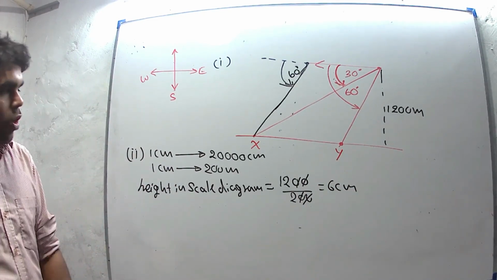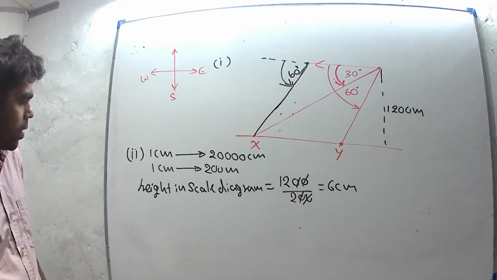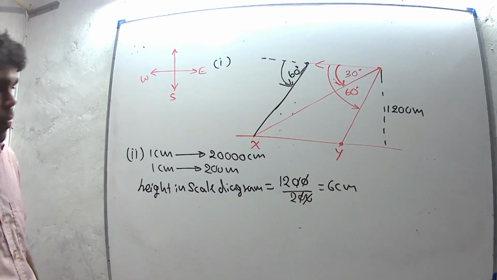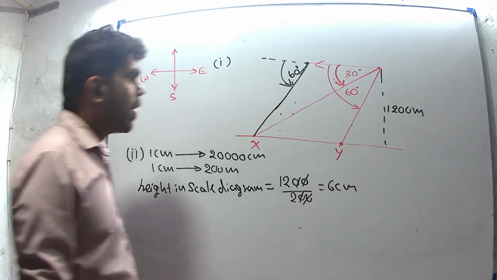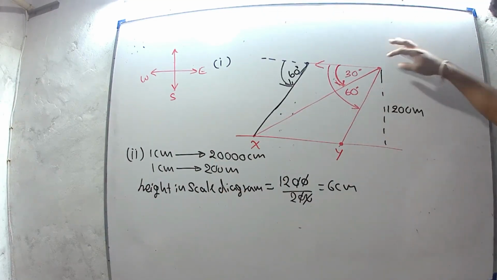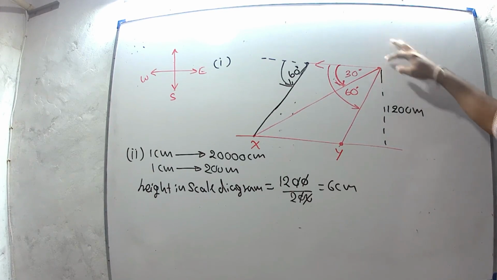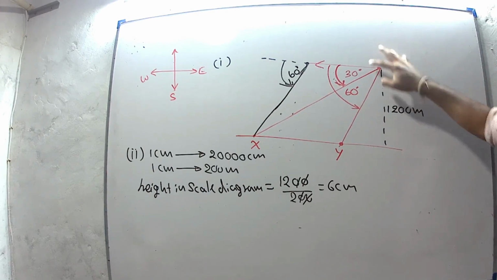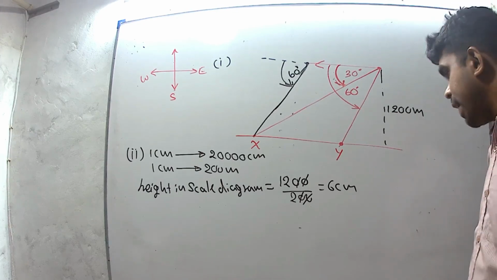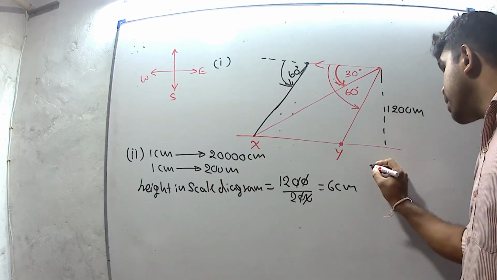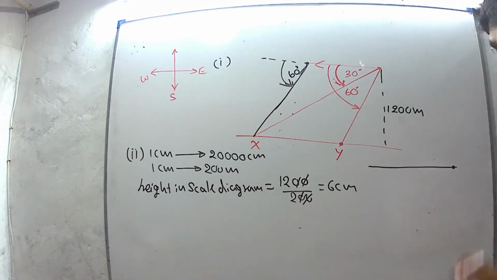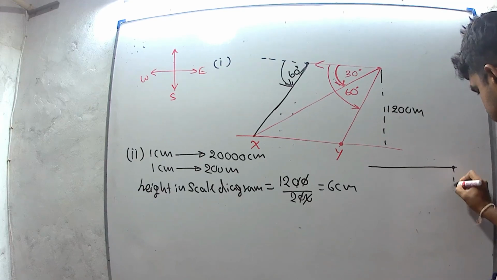Now you have to draw the corresponding scale diagram. We can start to draw the scale diagram from this point. This is the point with maximum height. And we can draw a straight line like this. And we have to draw a 6 centimeters line.